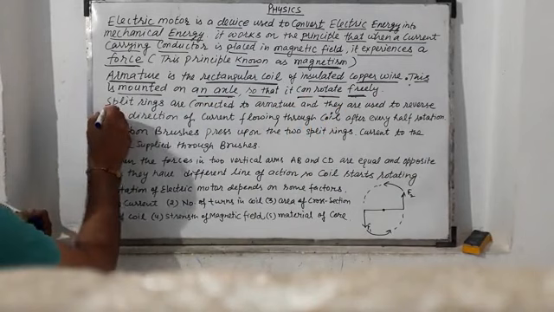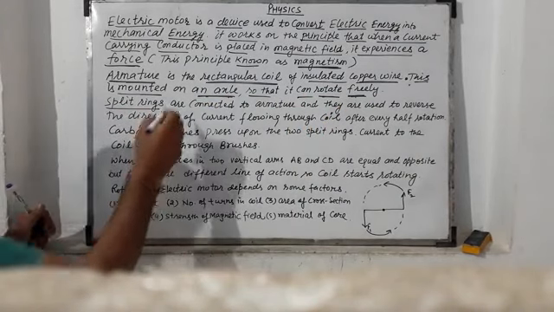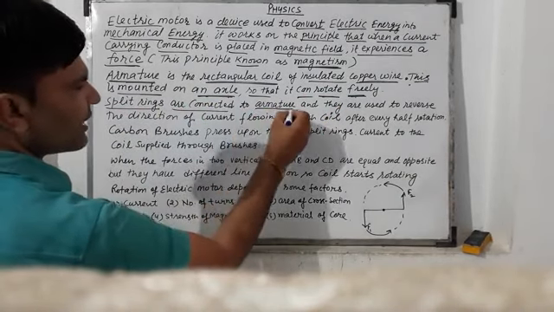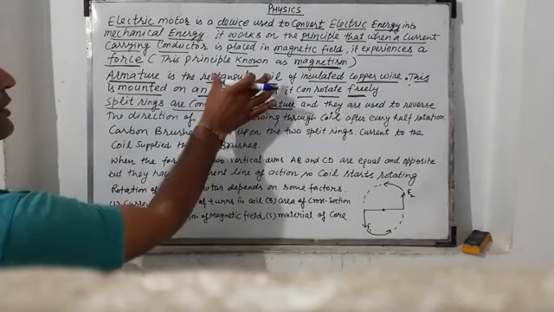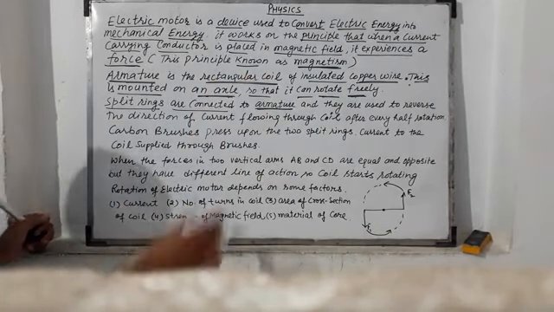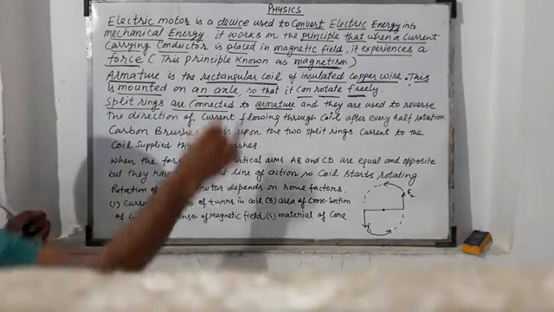Now the split rings are connected to the armature. Armature means rectangular coil.